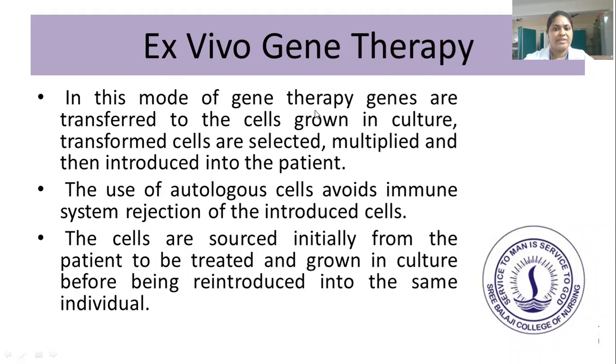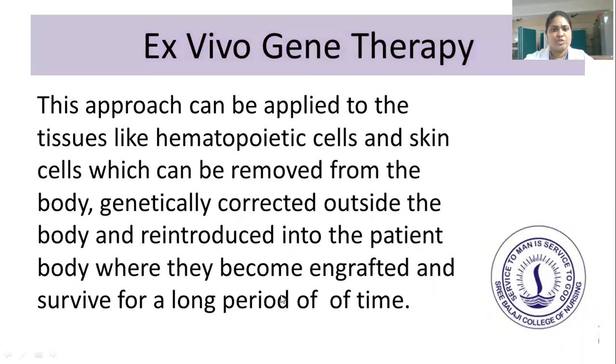This is a mode of gene therapy where the genes are transferred to the cells grown in a culture. Transformed cells are selected, multiplied, and then introduced into the patient. The use of autologous cells avoids the immune system rejection of the introduced cells. The cells are sourced initially from the patient to be treated and grown in culture before being reintroduced into the same individual.